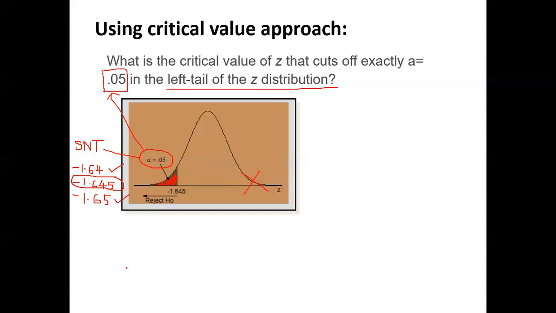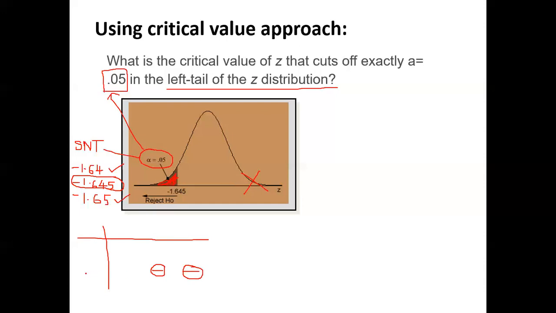So in the standard normal table, this is the value of Z, and this one is the value of alpha. So the alpha is in between something around here, this one and this one, the values of alpha approaching 0.05.